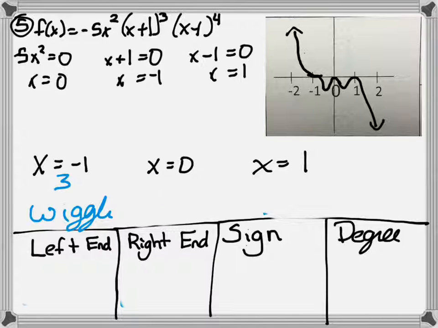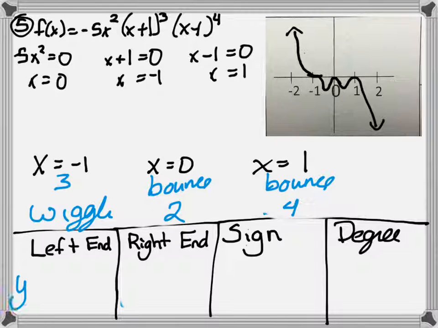Bounce. At exponent 2. And at 1? Bounce. Exponent? 4. Left end, y approaches positive. Right end? Negative. The sign? Negative. And the degree? Because we got the degree by adding 2 plus 3 plus 4.